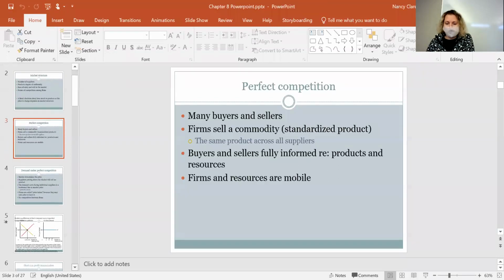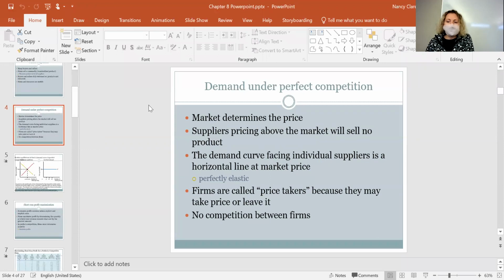All right, so now let's talk about demand under perfect competition. So this is pretty particular to this market structure. We know that when we have a market, we have upward sloping supply, downward sloping demand, and we have this equilibrium point, right?